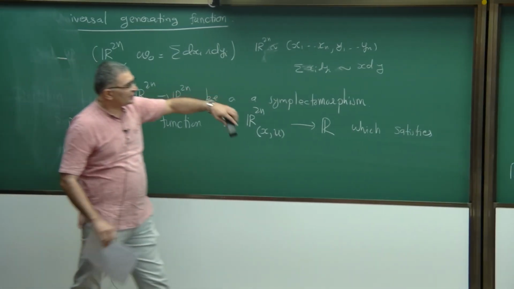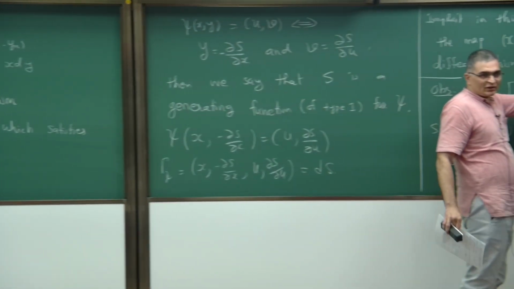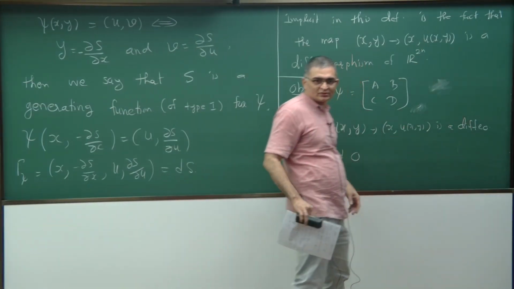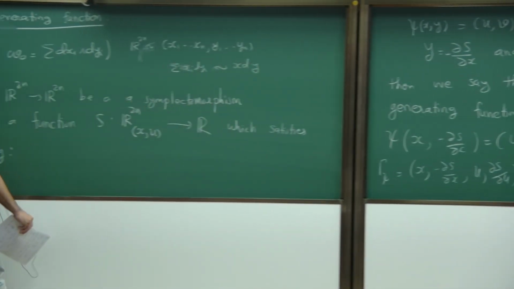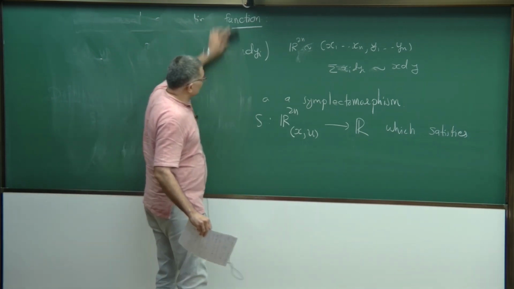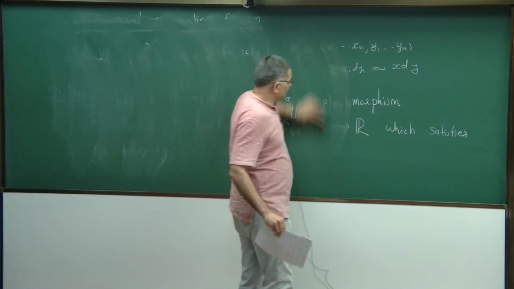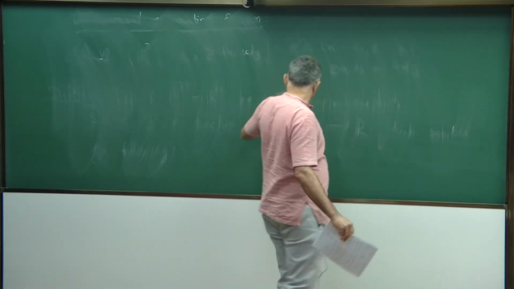Because unless the y-dependence of u is non-zero, this cannot be a diffeomorphism. That is a necessary condition. So, what I want to first prove is that if I have a symplectomorphism that satisfies this property, then there is always locally a generating function.